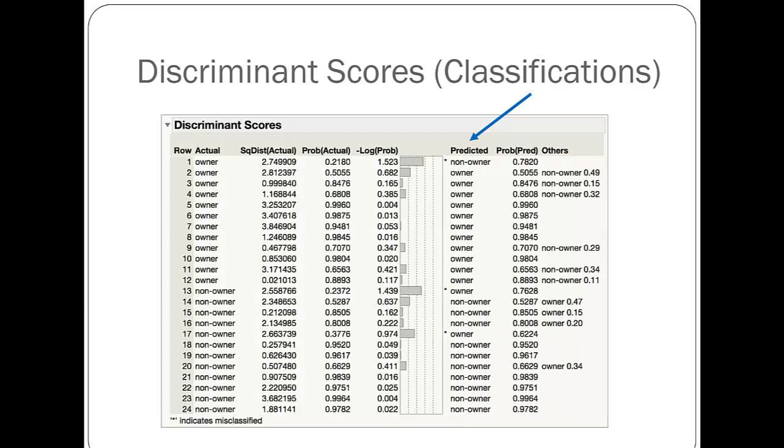We can also get the probability that goes along with this, and we'll look at that function in just a minute, but you can see the output in JMP with the predicted class, and the ones with the stars are ones that are misclassified. When we run this, we now only have 3 misclassified records instead of the 4 misclassified records that we saw when we first looked at the data set.